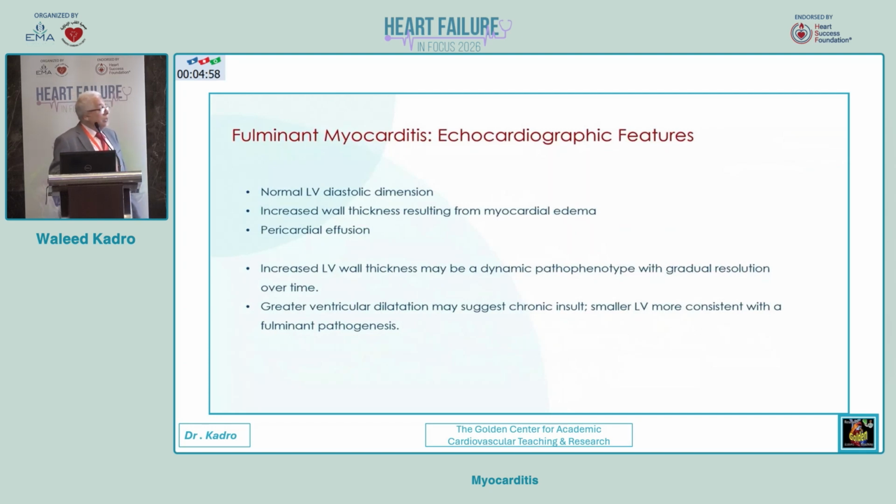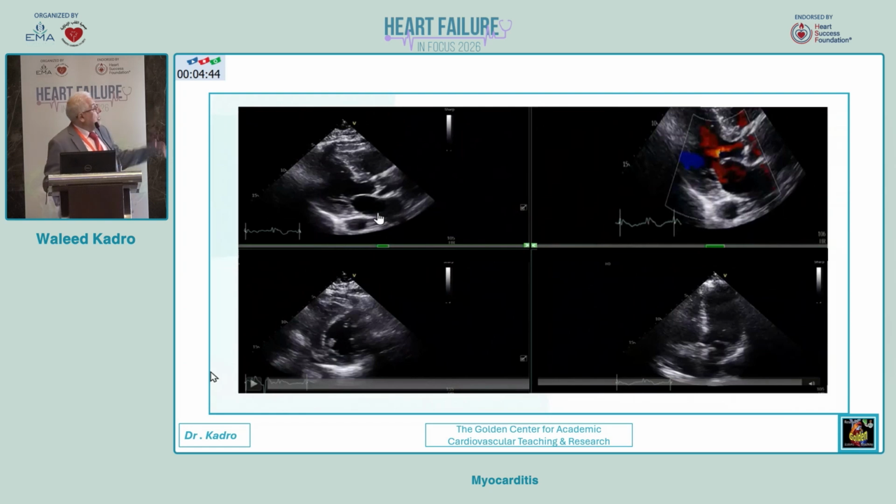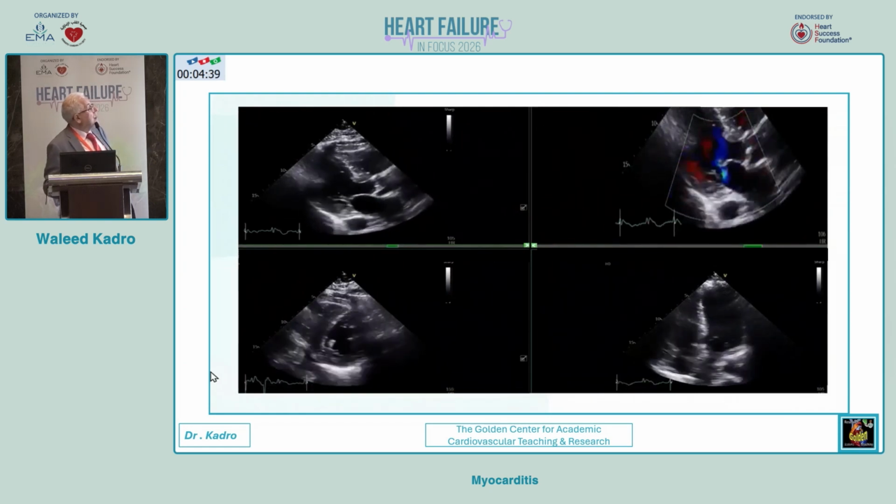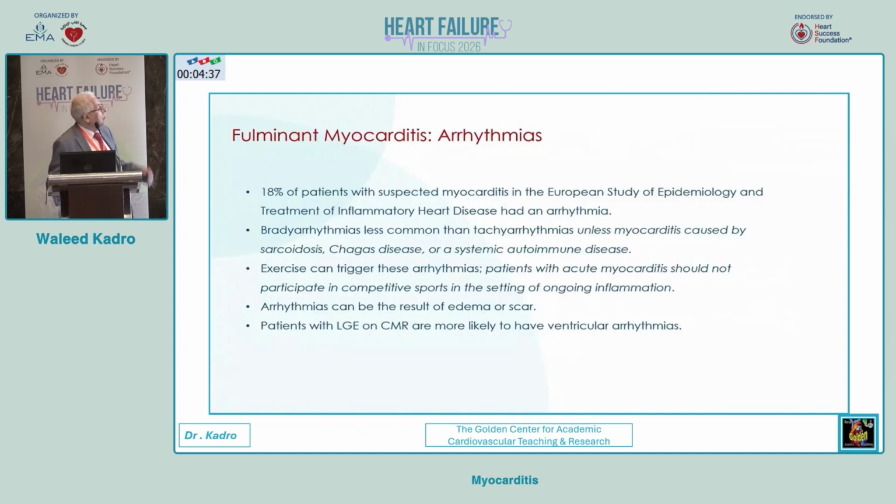The increased wall thickness is dynamic; if the edema decreases in the myocardium, we'll get a better result. Greater ventricular dilation may suggest chronic inflammation. In this echo, you see no dilation of the left ventricle, but poor LV function with MR.